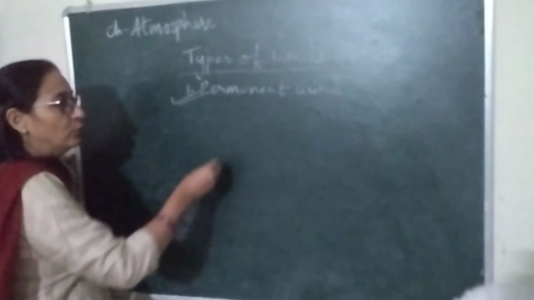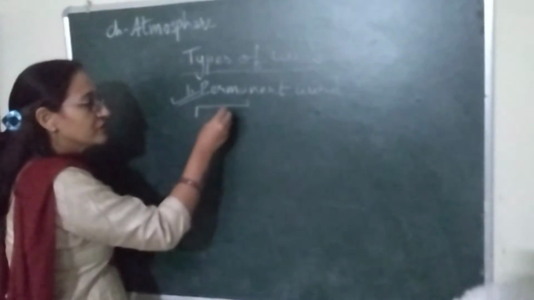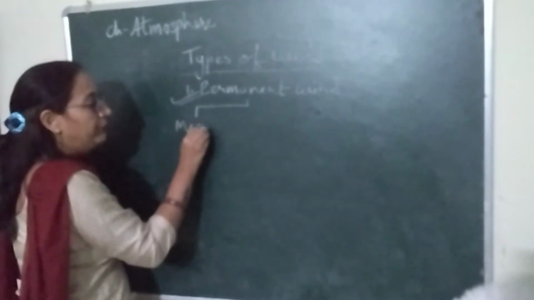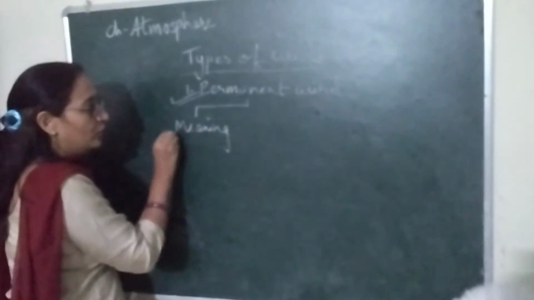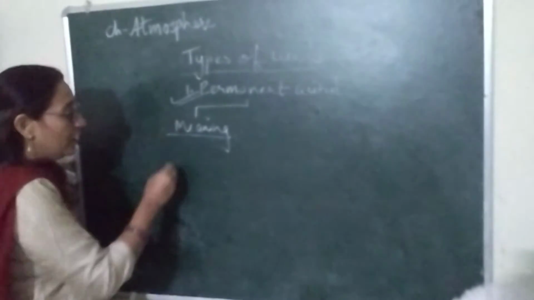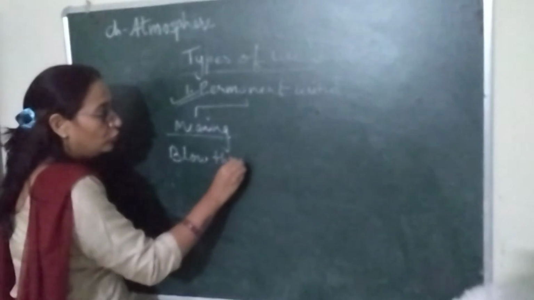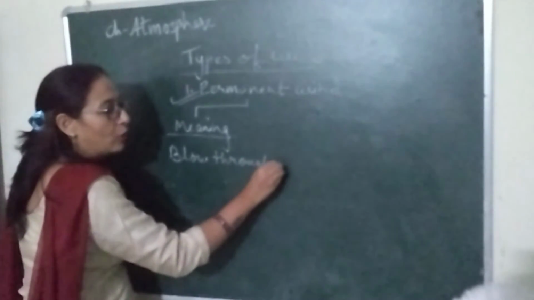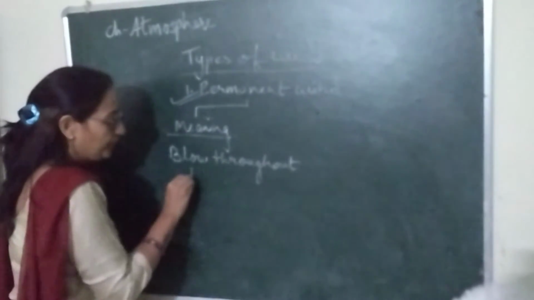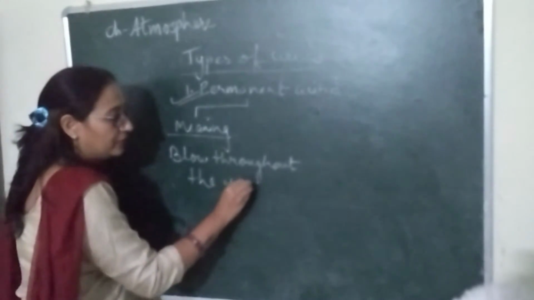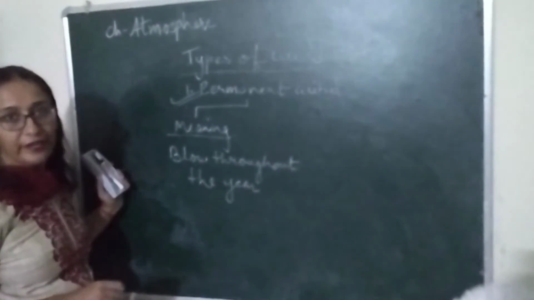Now what we have to learn here, the very first we have to learn is the meaning of permanent wind. What is permanent wind? A wind blowing throughout the year is known as permanent wind.